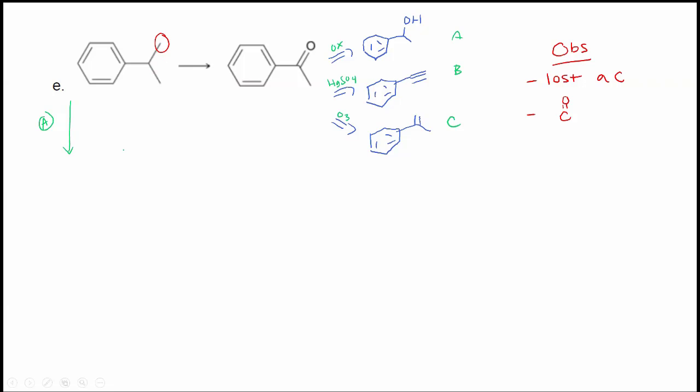So this is going to be NBS. And if I'm looking forward a little bit, the only way that I can lose a carbon right now in my book of reactions is to do an ozonolysis. And so you can do a t-butoxide here.